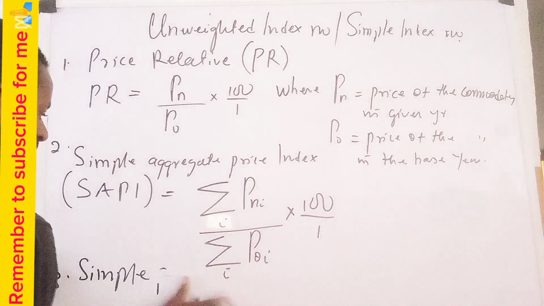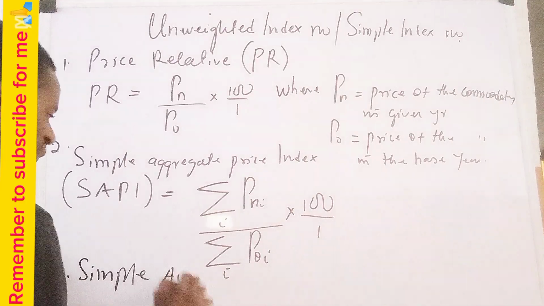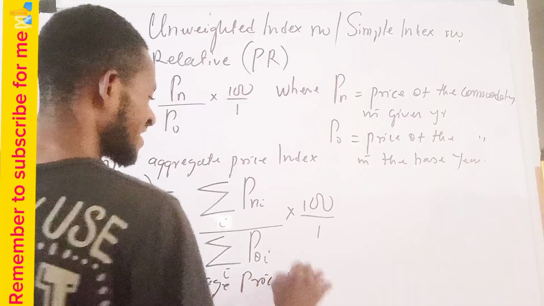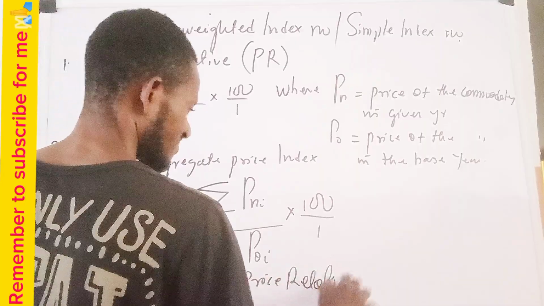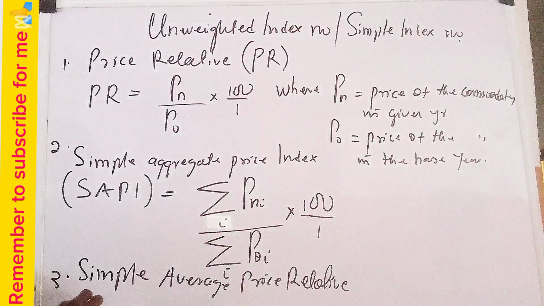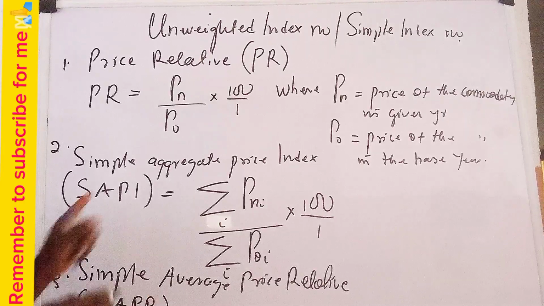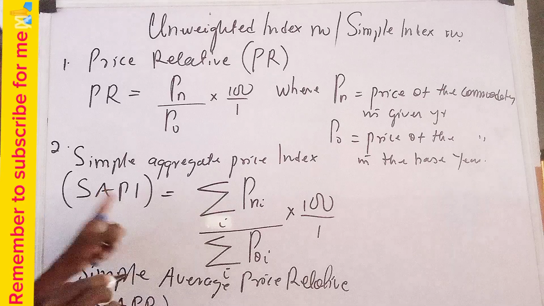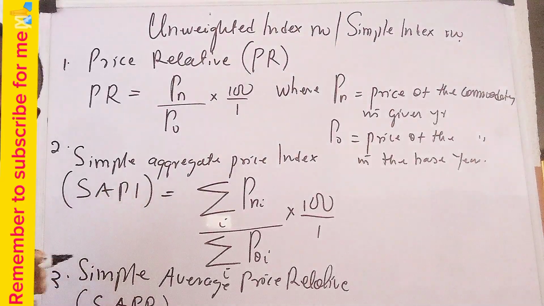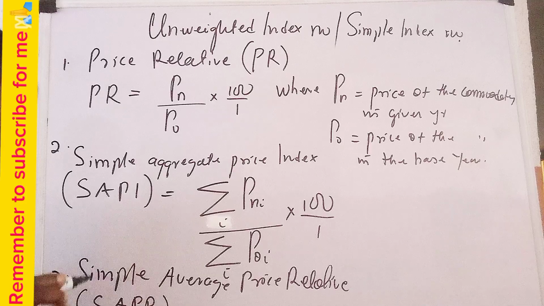Of course, this simple average price relative is always written in abbreviated form as SAPR. We are going to pay attention here. This is SAPI, this is SAPR. The only difference here is the presence of I here and the presence of R here.